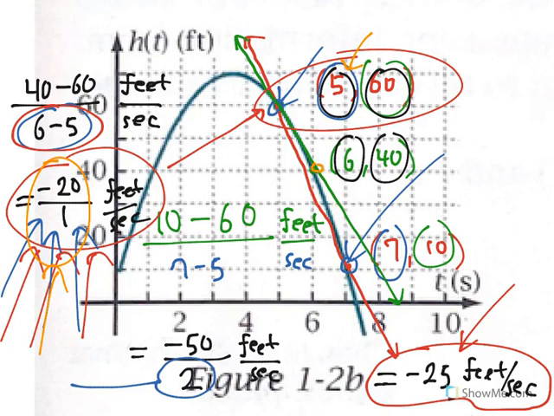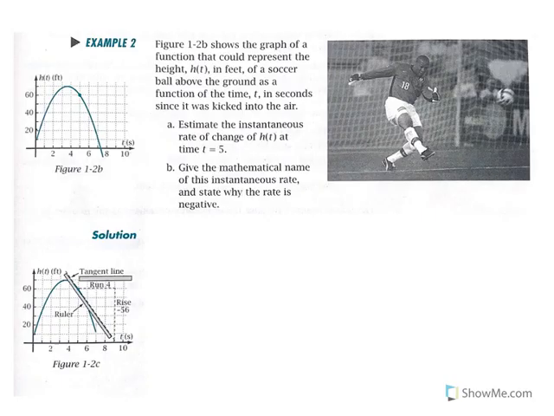And if you could move the second point even closer to the first point, then you would get an even better approximation. The slope of what we call the tangent line is in fact the limiting value of the slopes of the secant lines as the second point on the secant line approaches the point t equals 5 and h equals 60 feet.